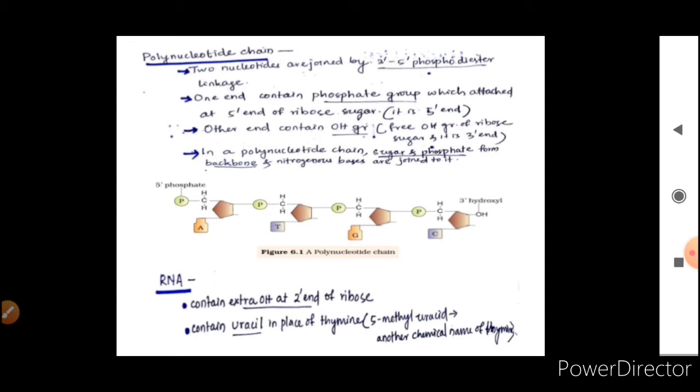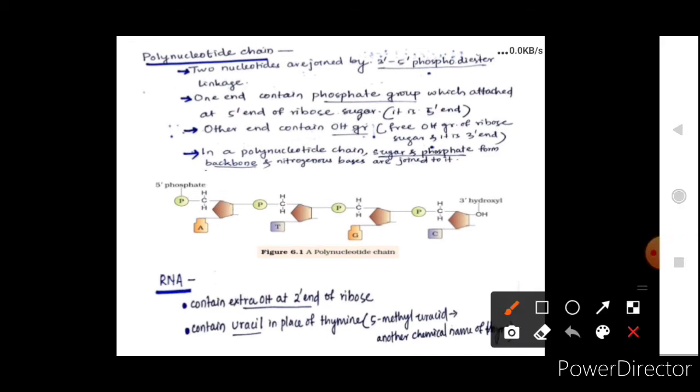One end contains a phosphate group which is attached at the 5' end of the sugar. Okay, it is called the 5' end, and the other end contains the free OH group of deoxyribose sugar at the 3' end. In a polynucleotide chain, sugar and phosphate form the backbone and nitrogenous bases are joined to it.